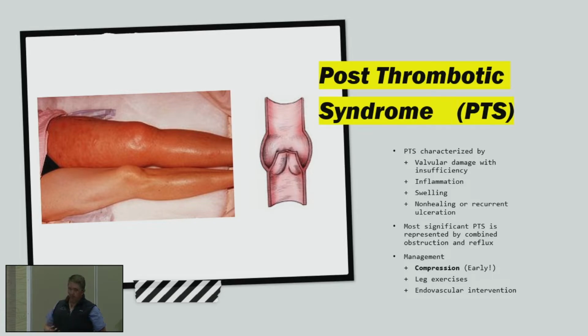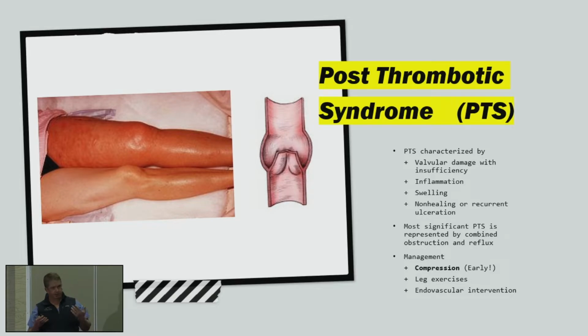You'll get chronic inflammation, chronic swelling, and then, like I said, in some patients you'll develop ulceration. The most significant post-thrombotic syndrome we see is in patients who have a combined obstructive pathology as well as reflux pathology.